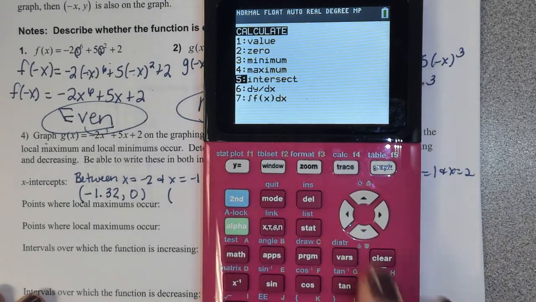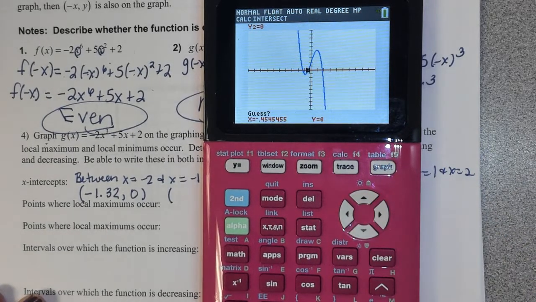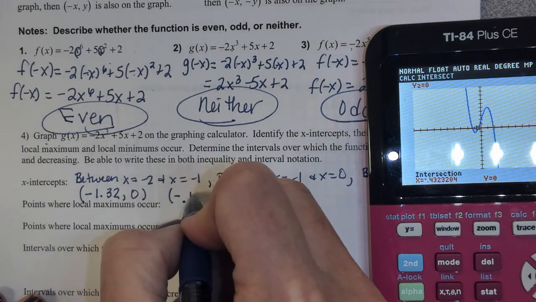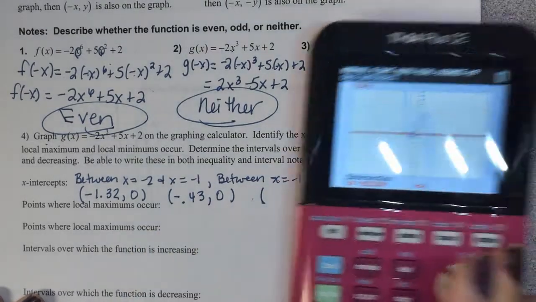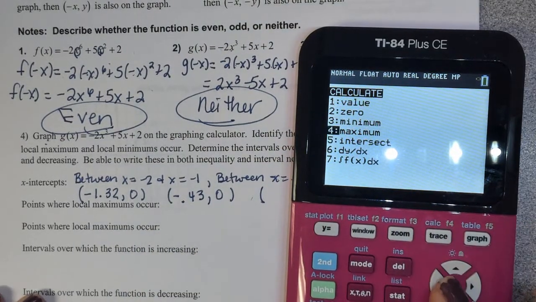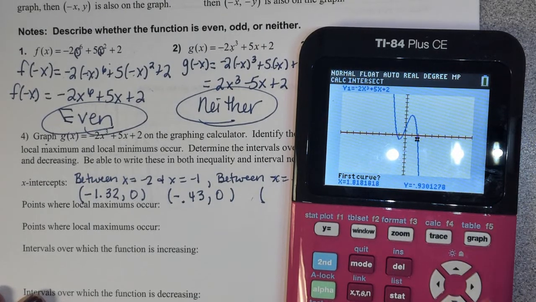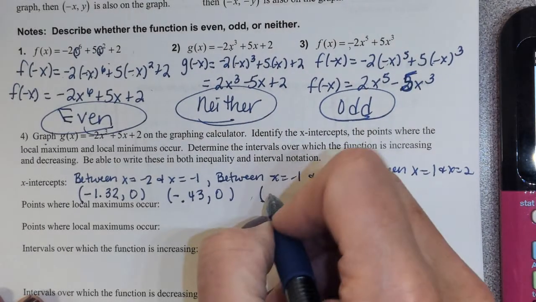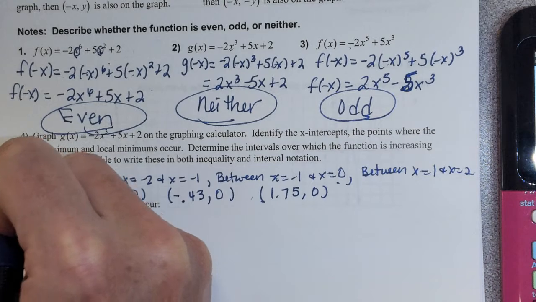Second, calculate intersection again. I'm going to get close to that next x-intercept, and I'm going to round it to negative 0.430 approximately. And the last one, this is an easy way to find x-intercepts, 1.75. So those are my approximate values.